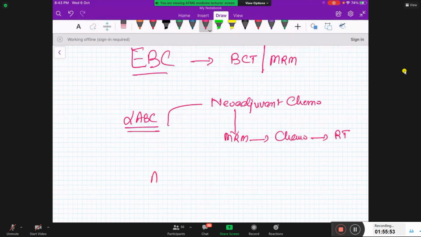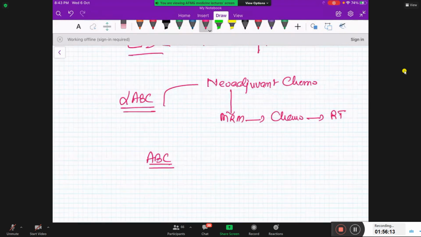For advanced breast cancer, what is advanced breast cancer? Any T, any N with M1. Stage 4.